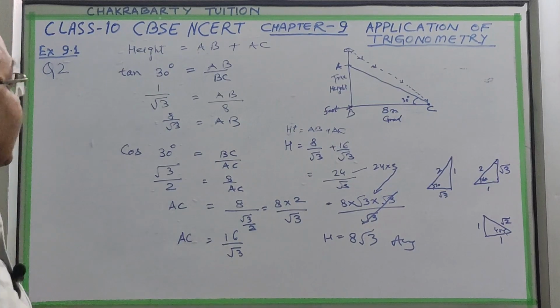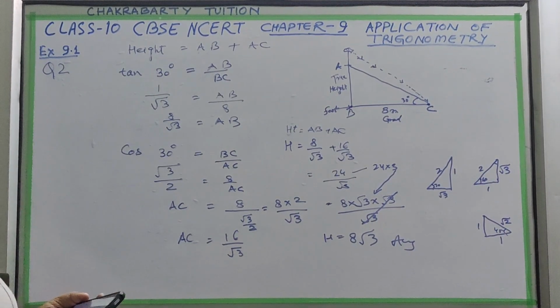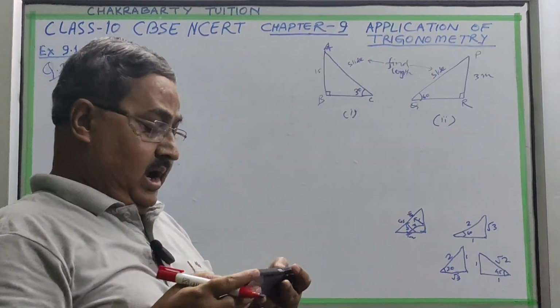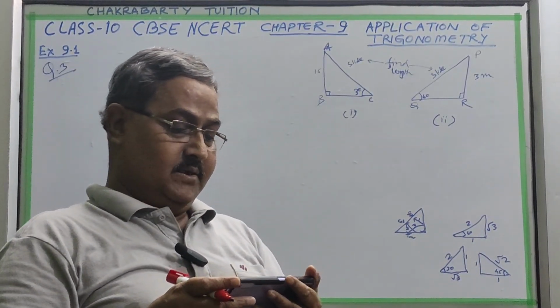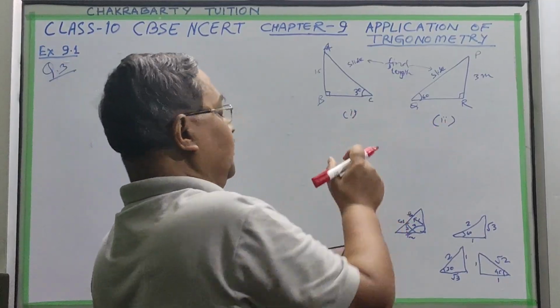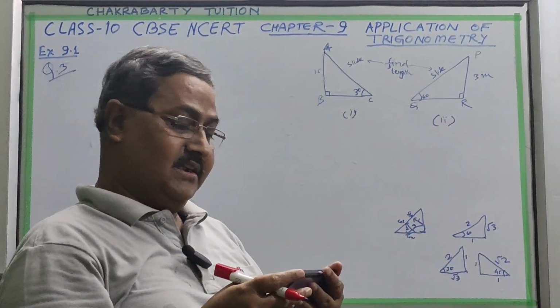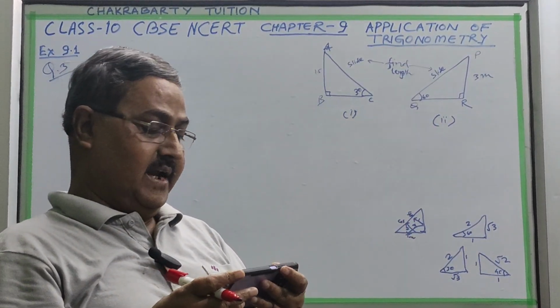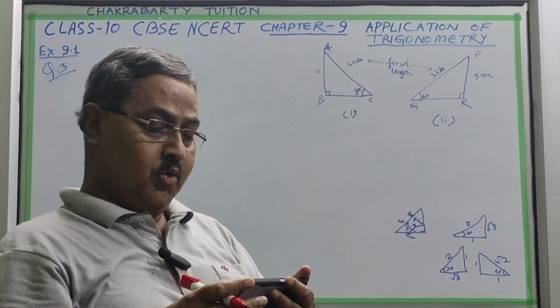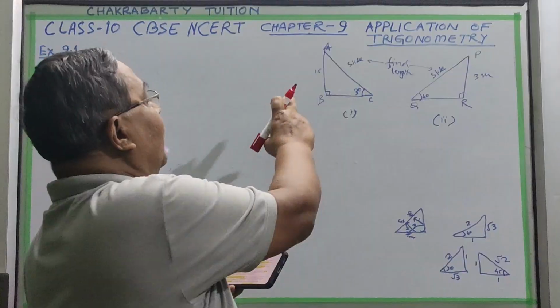Now we will go to question number 3. A contractor plans to install two slides, slide 1 and slide 2, for the children to play in a park. For children below 5 years of age, she prefers to have a slide whose top is at a height of 1.5 meter.